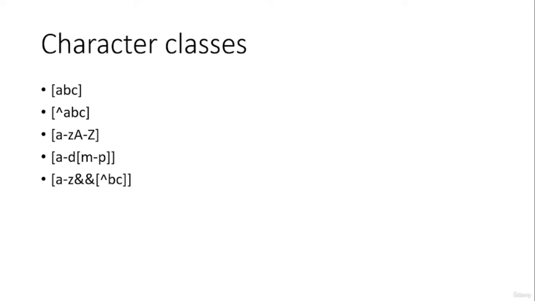Let us see some examples. The first one is square brackets with ABC inside. It will validate either A, B, or C. Next is a caret symbol followed by ABC, which validates anything that is not A, B, or C. So whatever word doesn't have ABC will be validated.